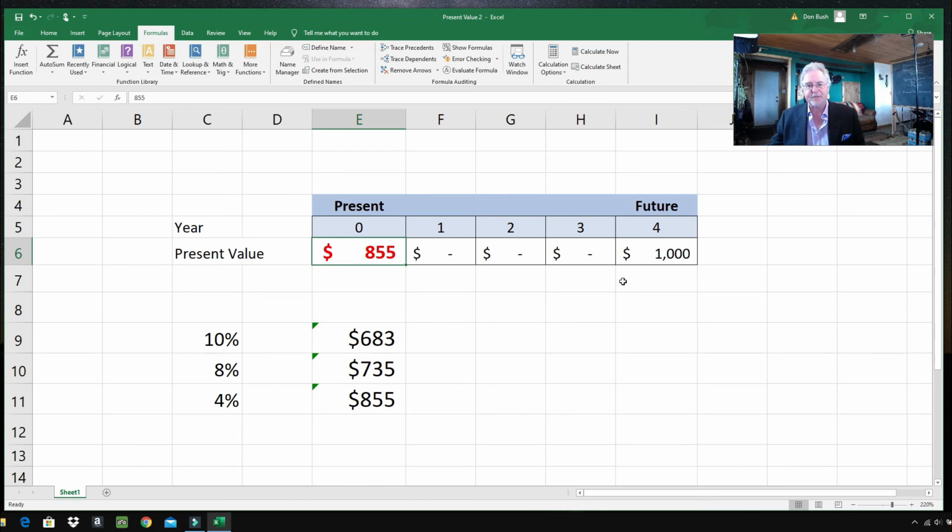So, and to say it another way, this $1,000 and this $855 are completely equal. They don't look equal, they look different, but they are totally equal at a 4% rate of return. They would not be equal at any other interest rate, but at 4% they are.